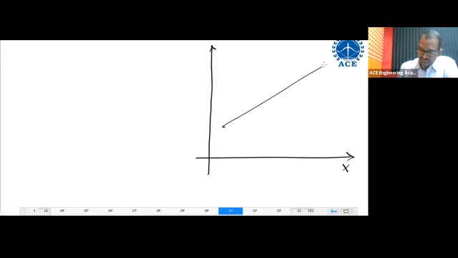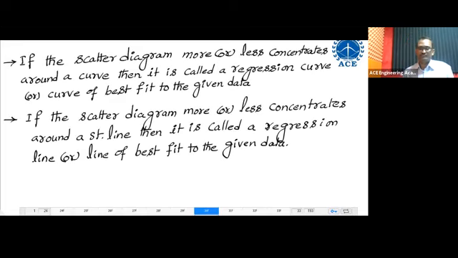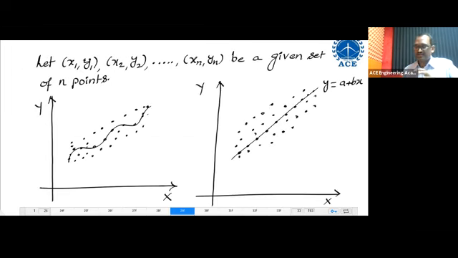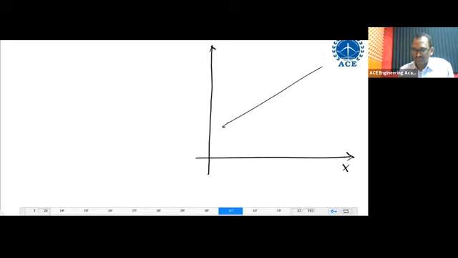This is y is equal to a plus bx. Regression line means what? Regression line means a set of points approximately concentrated around a line.